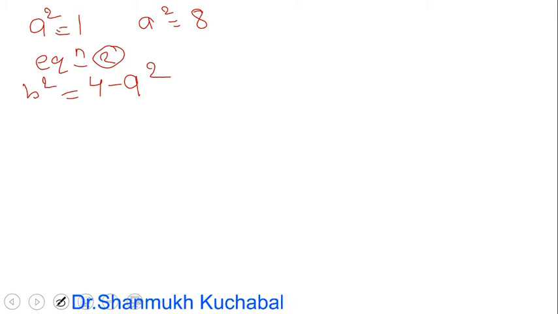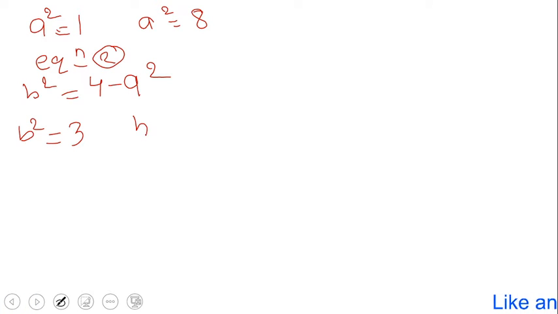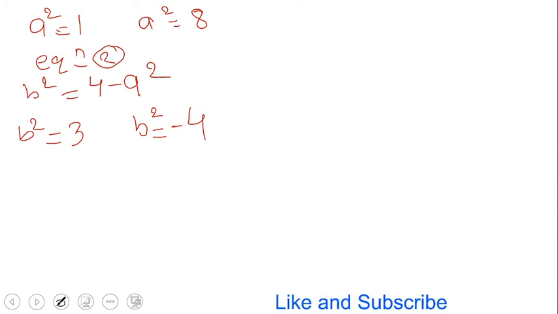Taking a square as the first option 1, we get b square as 4 minus 1, which is 3, and next a square value 8, 4 minus 8 gives minus 4, so the b value becomes a complex number.